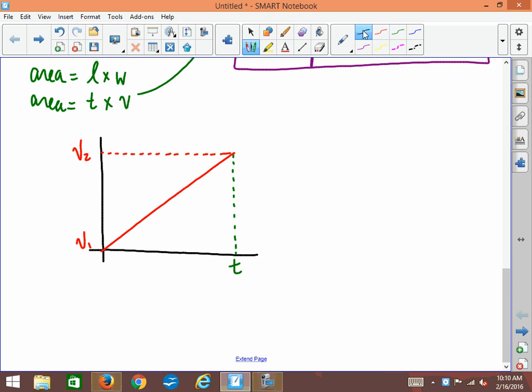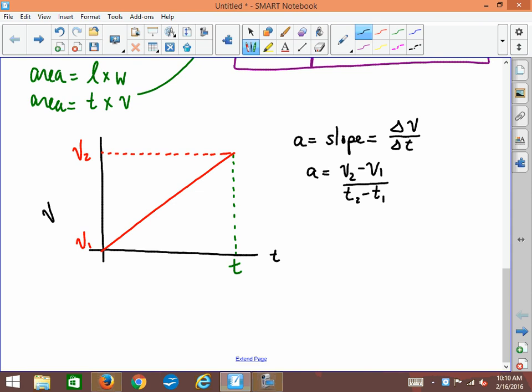So again, we're talking about a velocity and time graph. Well, we've already said that the slope of this line is equal to the acceleration, the rate of change of velocity. This acceleration is equal to the slope of this line, which would be delta v over delta t, which basically means that a is equal to v2 minus v1 over t2 minus t1.